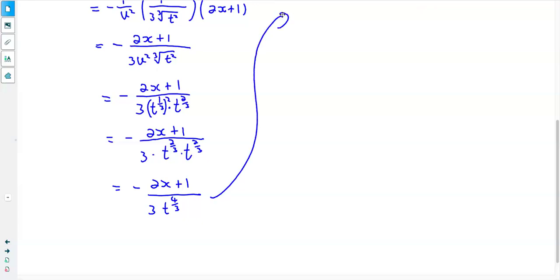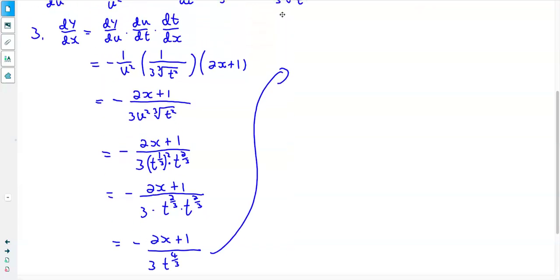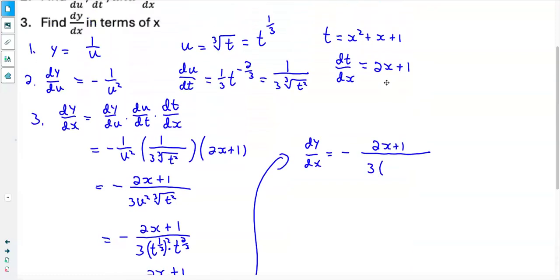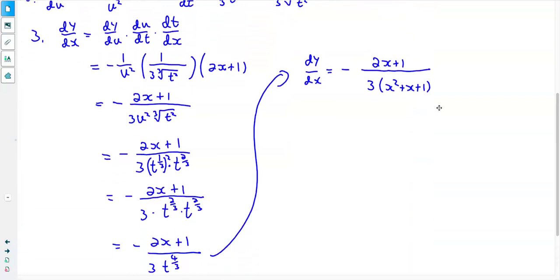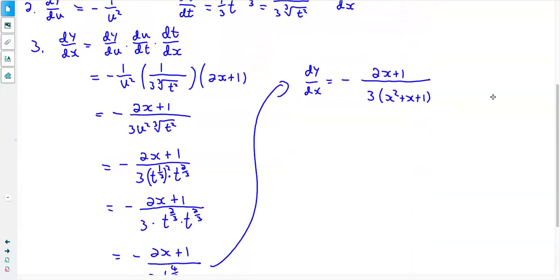I'll just continue this up here. So we've got dy over dx equals negative of 2x plus 1 over 3 times our t, which was x squared plus x plus 1, to the power of 4 over 3.